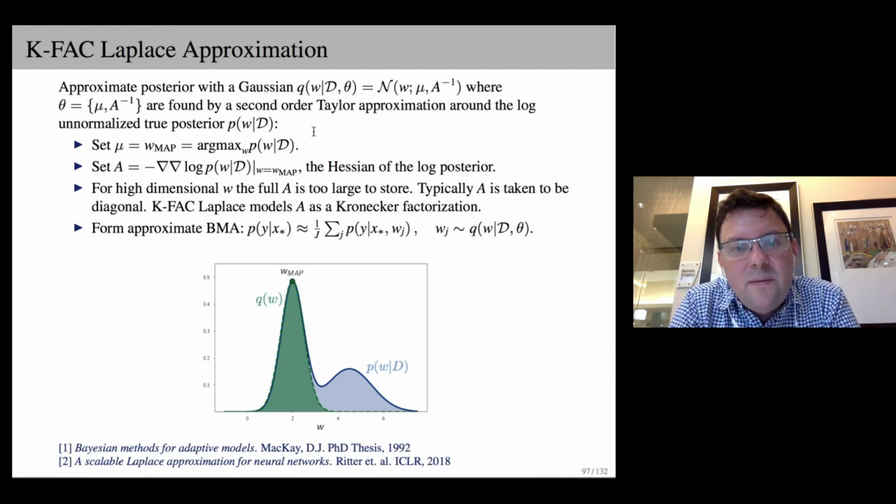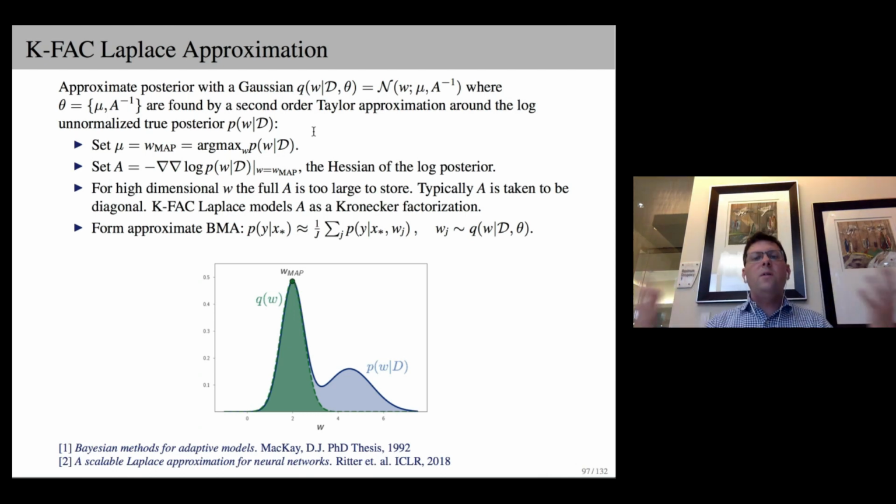And once we have our Gaussian approximate posterior, we can sample from it using a simple Monte Carlo estimate of our predictive distribution. So overall, the Laplace approach is compelling because it's simple and can be relatively efficient.